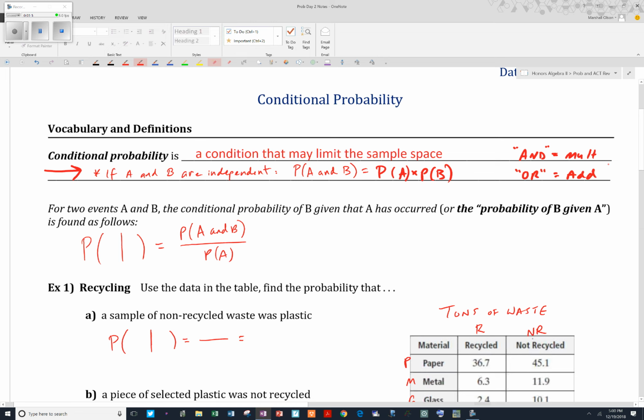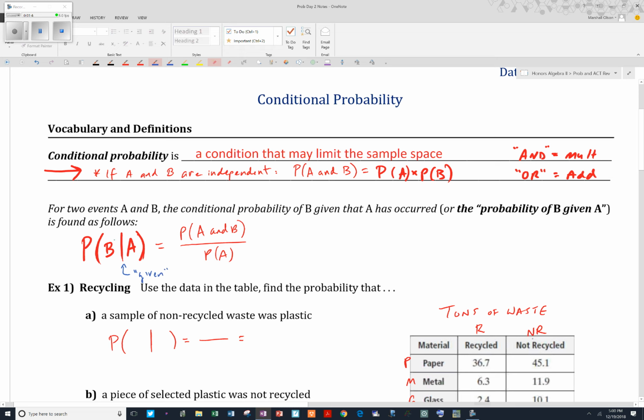So what we're going to start off with here in a conditional probability is talking about what the notation is for that. The probability of B, given that A has occurred, if A happening affects B, is read as the probability of B given A, and is written with this line that we just read as given.